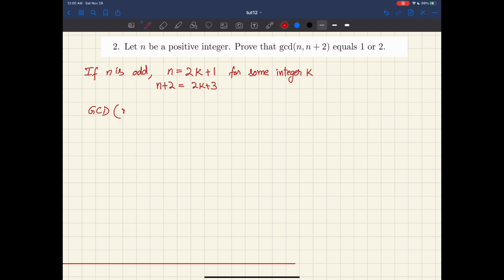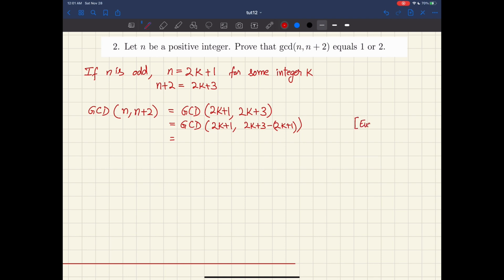The GCD of n and n plus 2 is equal to GCD of 2k plus 1 and 2k plus 3. Now this can be rewritten as GCD of 2k plus 1 and 2k plus 3 minus 2k plus 1. This comes from the Euclidean algorithm itself.